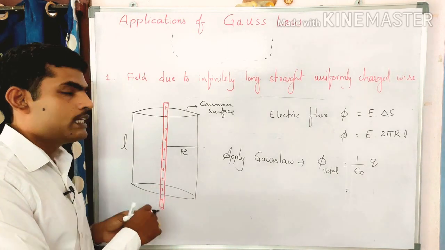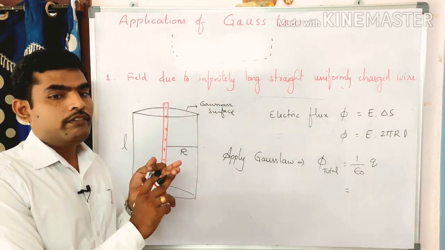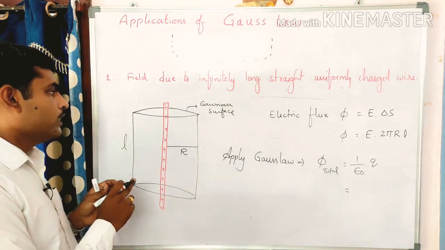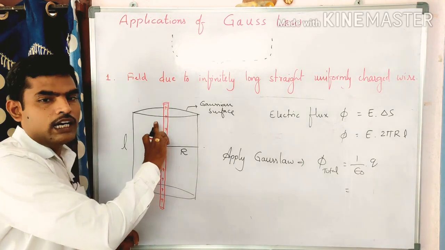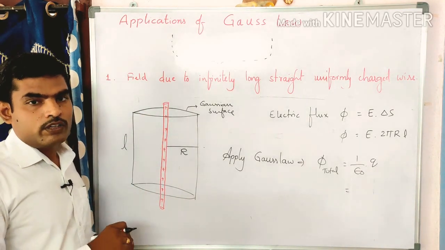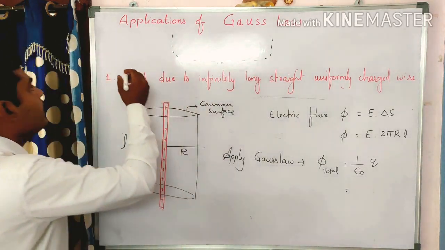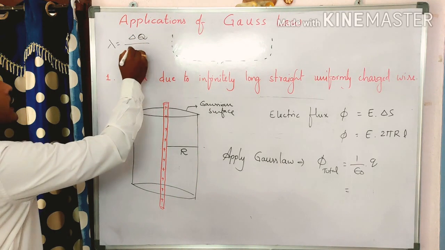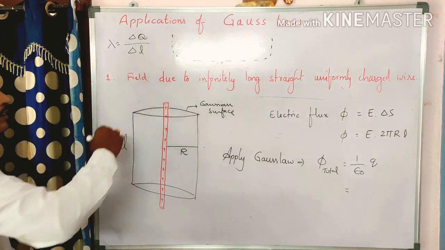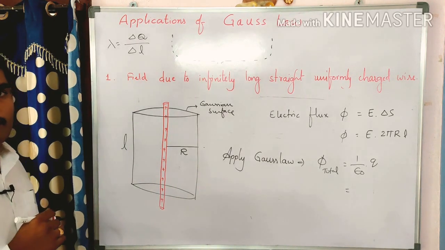Just now we have seen surface charge density, linear charge density and volume charge density. Which should be used here? This is a linear conductor, no? So I have to take the linear charge density. I am writing here linear charge density lambda is equal to delta Q by delta L, right?